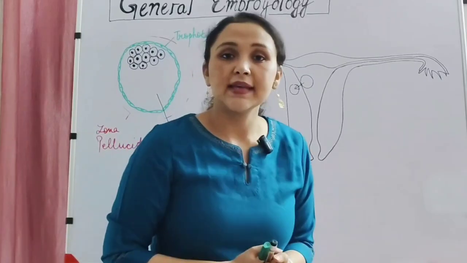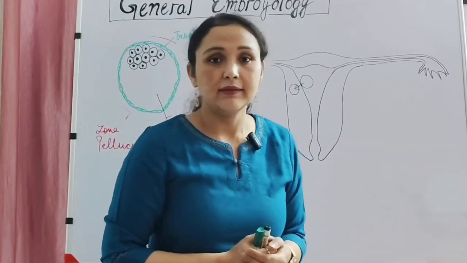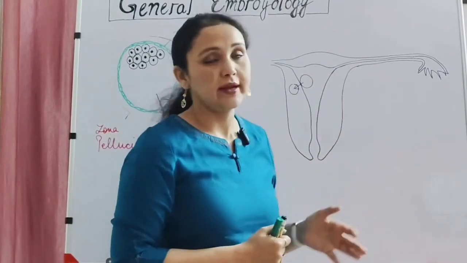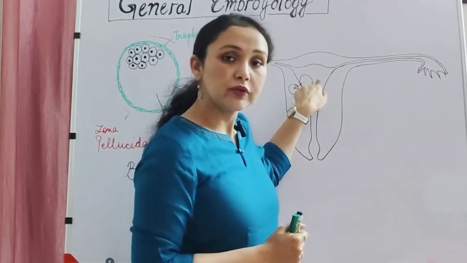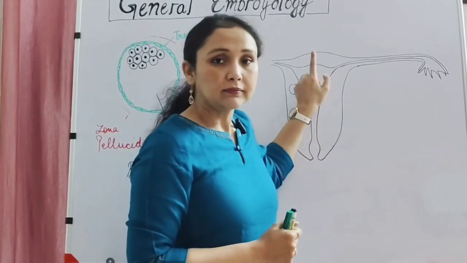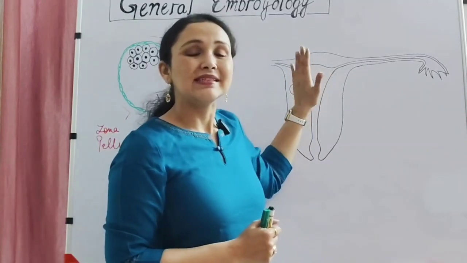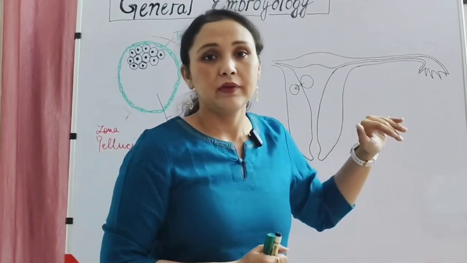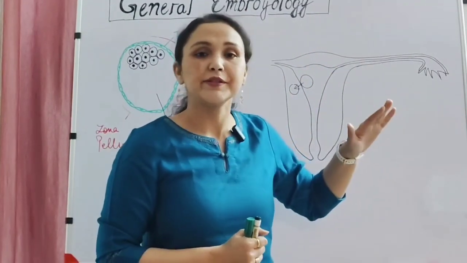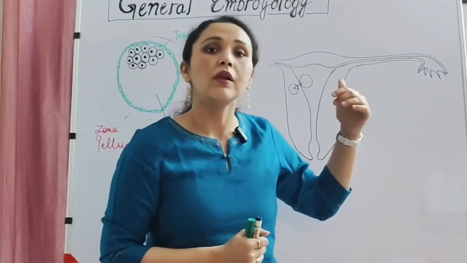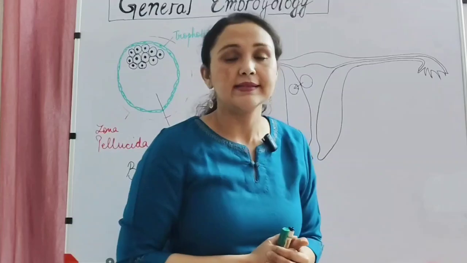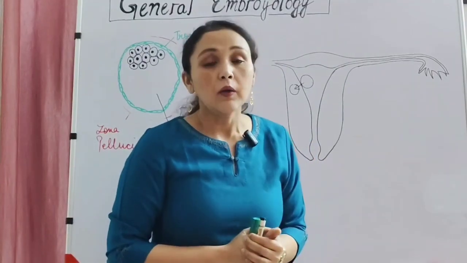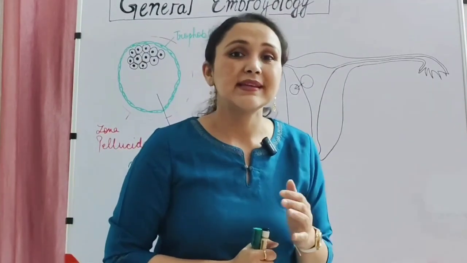And then what is the most common site of implantation? The normal implantation occurs in the uterine cavity, and the most common site is the upper part of the uterus. In 55% of the cases, it occurs in the posterior wall, and in 45% of the cases, it occurs in the anterior wall. Now, there is another condition known as placenta praevia.